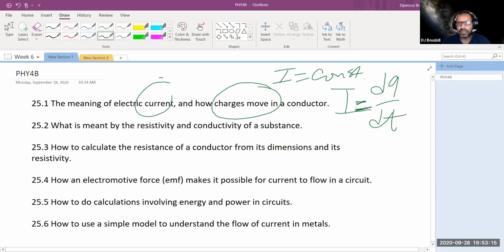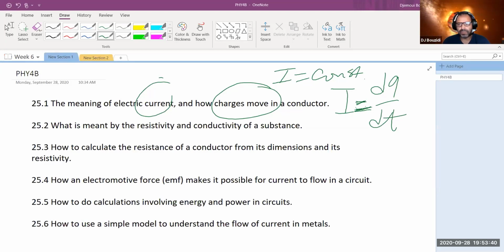We'll talk about the resistivity, as we will see that we will have higher or lower current in a specific material, depending on a characteristic of that material, namely its resistivity. Its resistance in general will depend on its geometry, but resistivity is an intrinsic property of that material, just like density. Density is an intrinsic property. For example, if the density is 7.874, you know it's iron.